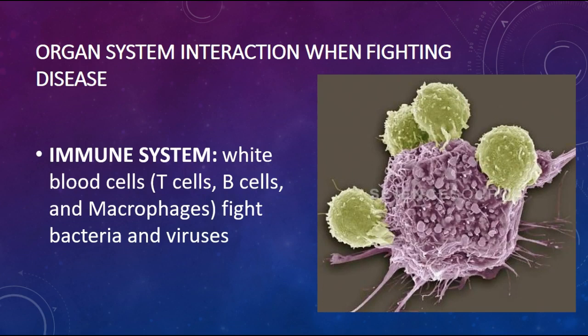You may remember from our unit on the immune system that we have specialized white blood cells called T cells, B cells, and macrophages. These three types of white blood cells are part of the immune system, and they are what fight bacteria and viruses that enter our body.